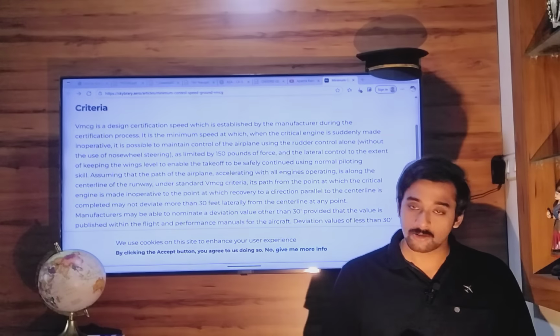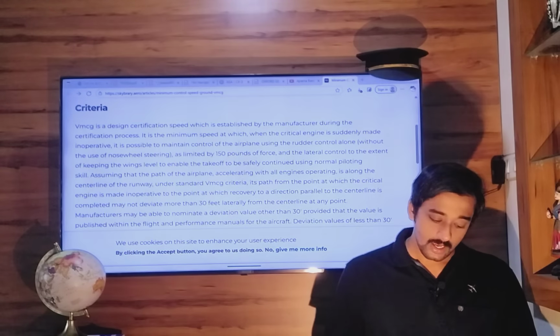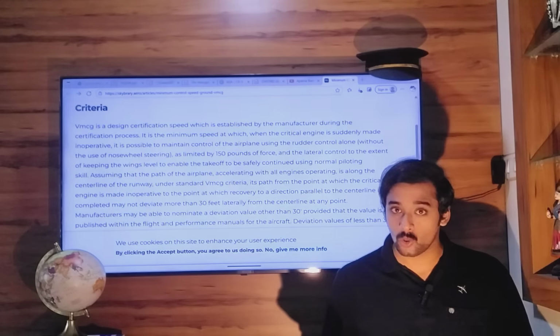during certification process. It's the minimum speed at which when critical engine is suddenly made inoperative, it's possible to maintain control of the plane using the rudder control alone.